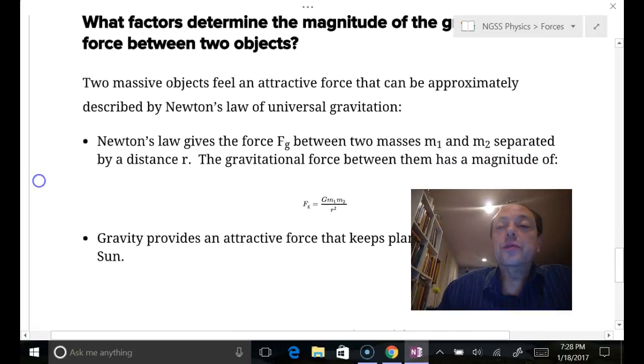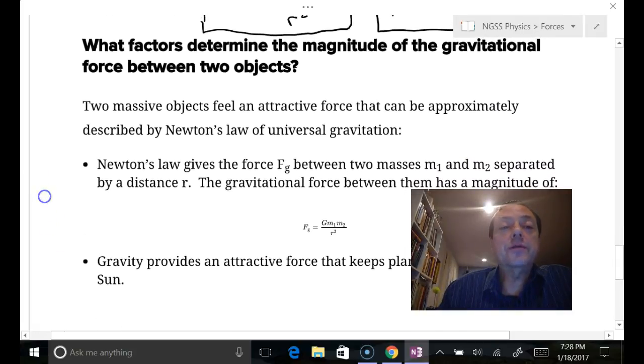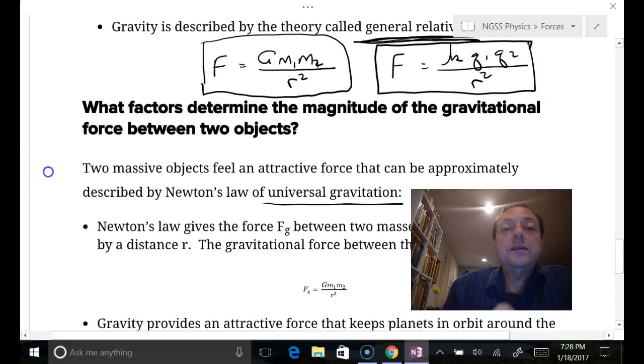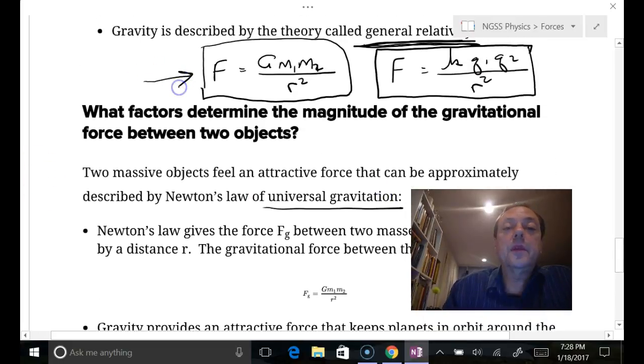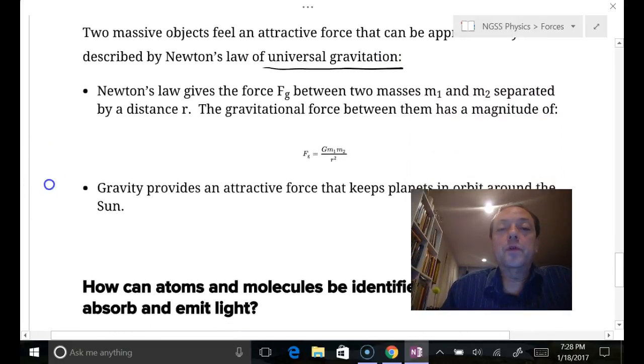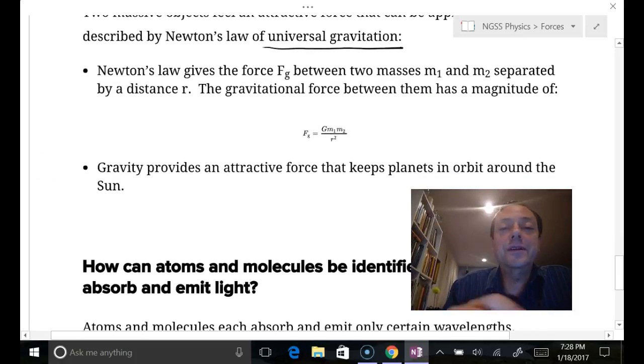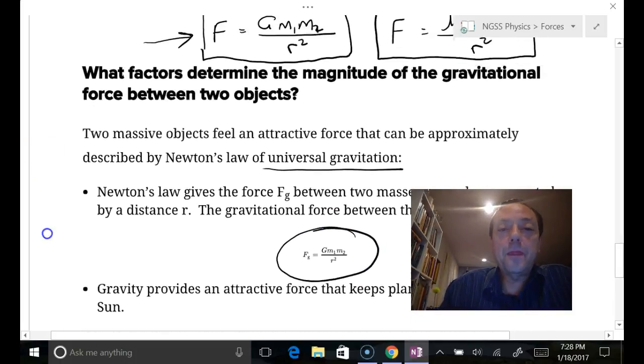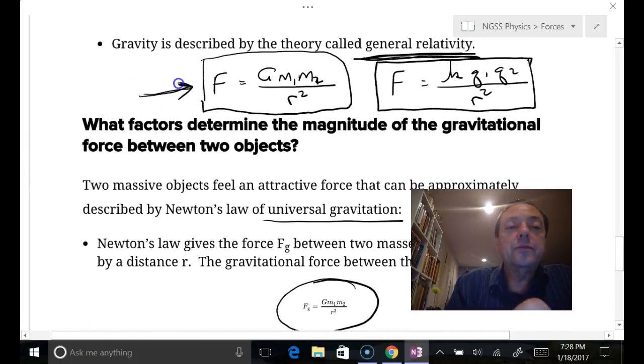What factors determine the magnitude of the gravitational force between two objects? Two massive objects feel an attractive force that can be approximately described by Newton's law of universal gravitation. That's this equation right here, or if you can see the really tiny font, courtesy of Discovery Education, you can see that's the same thing.